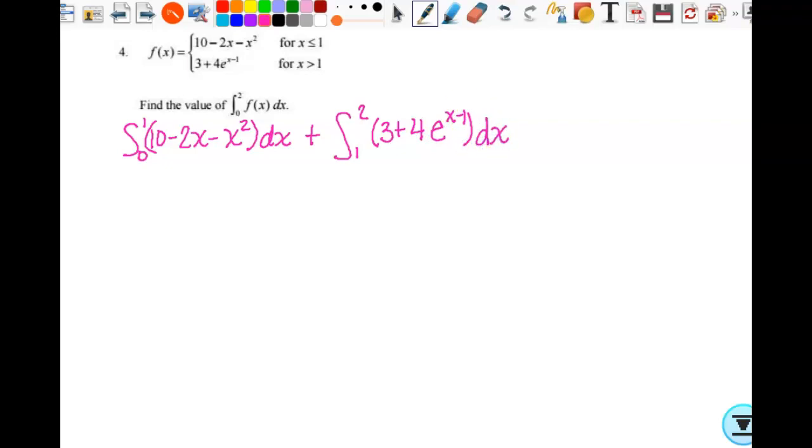Okay, we're good? So looking at this first one, am I going to need a u in any of this? No. I'm just going to integrate that. So this is going to be 10x minus 2x squared over 2, right? If you just wanted to write that as x squared because you recognized it, it's fine.